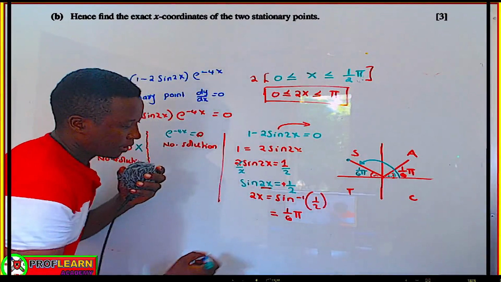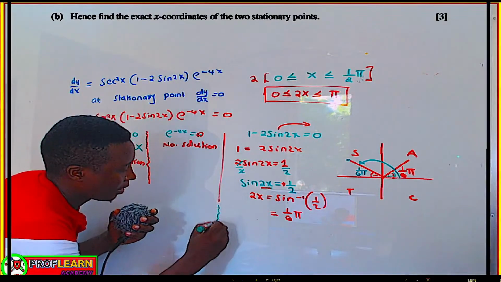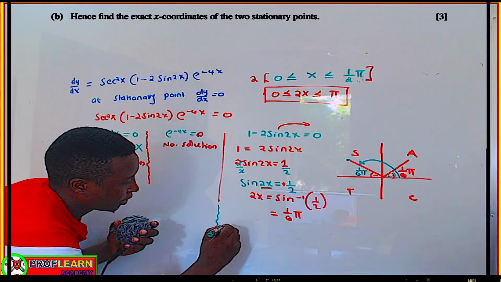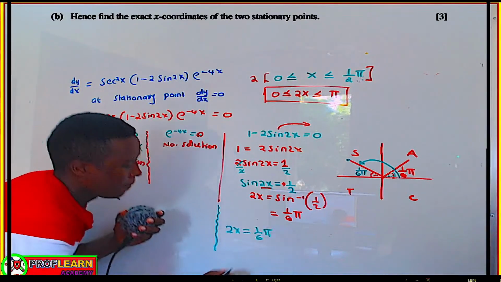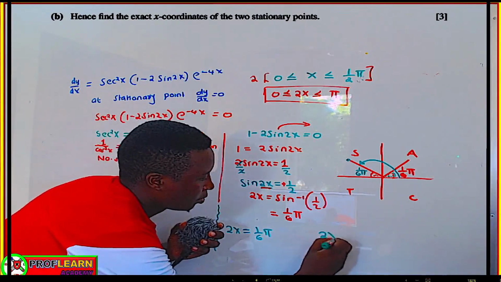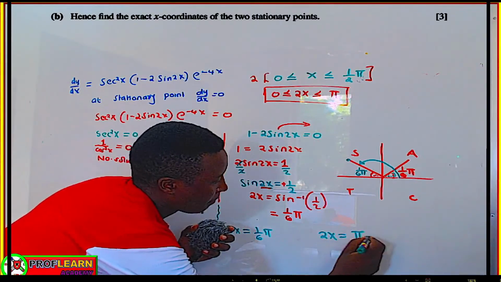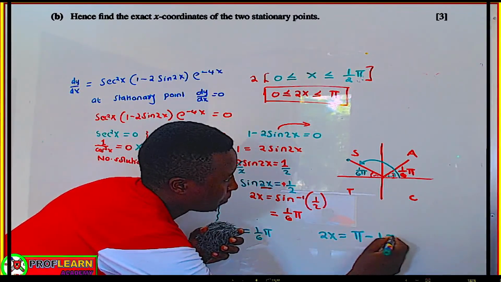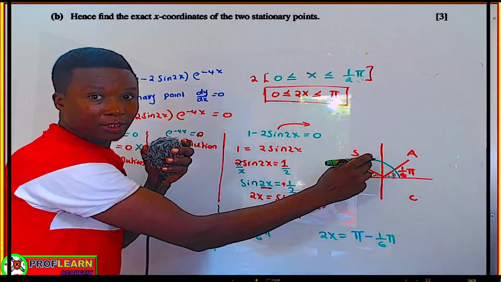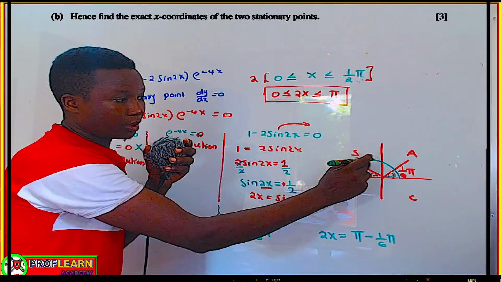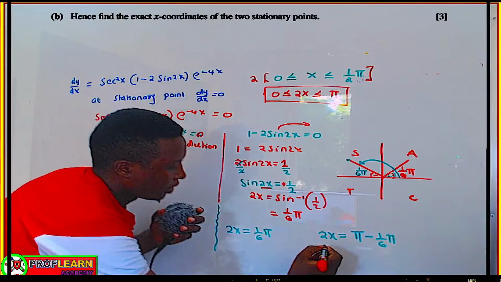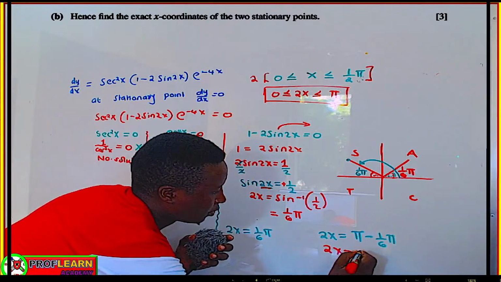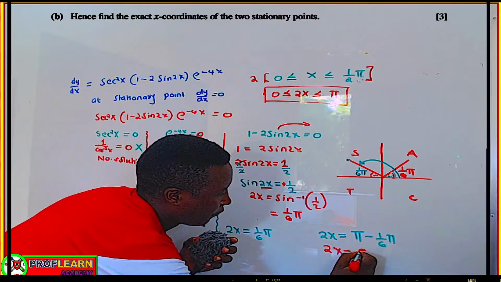So we have said that our first angle is 2x equals 1 over 6 pi. The second angle will be 2x equals pi minus 1 over 6 pi, which comes from this point here, and that gives 2x equals 5 over 6 pi.